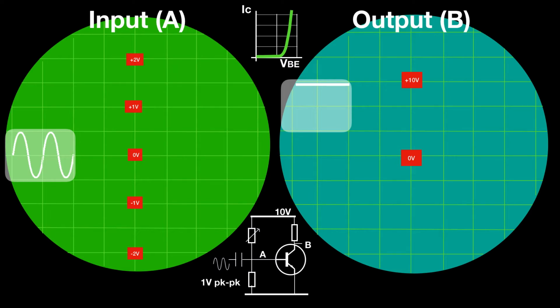Well, if we look at the thumbnail at the top, we see then that at 0 volts the transistor is not conducting.